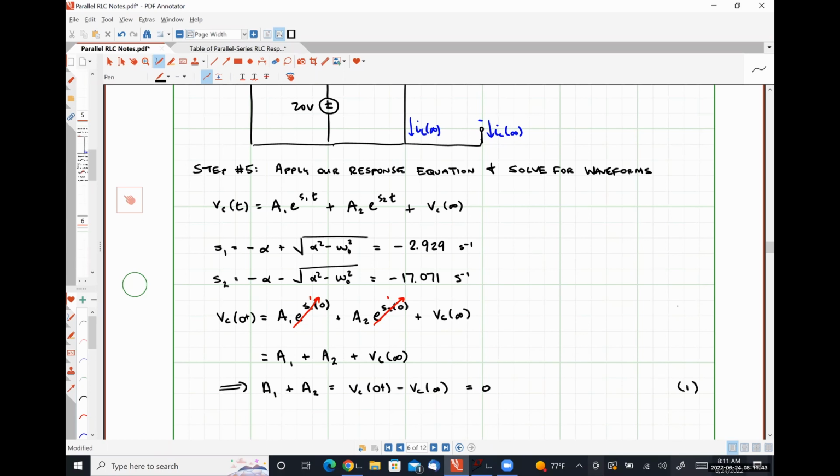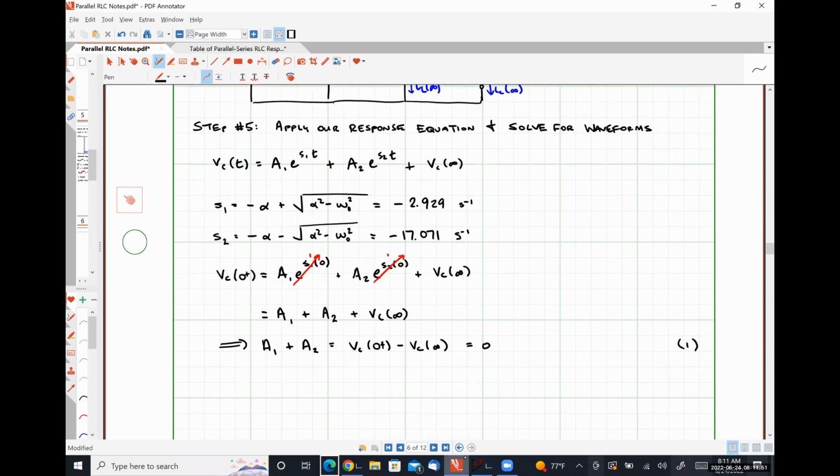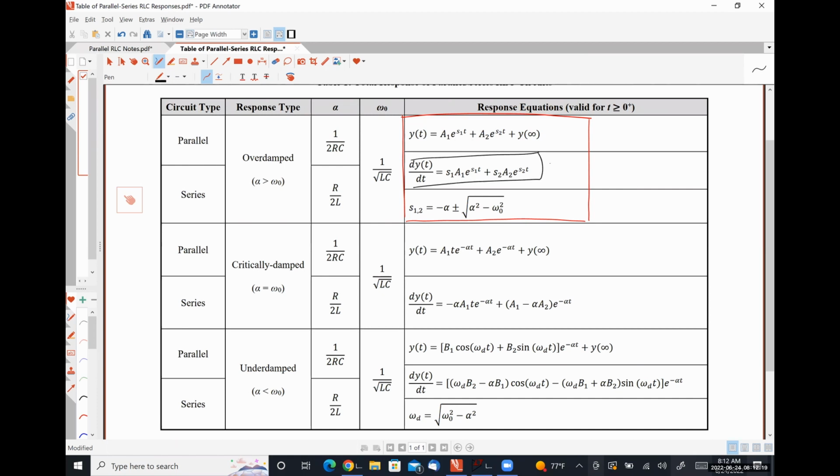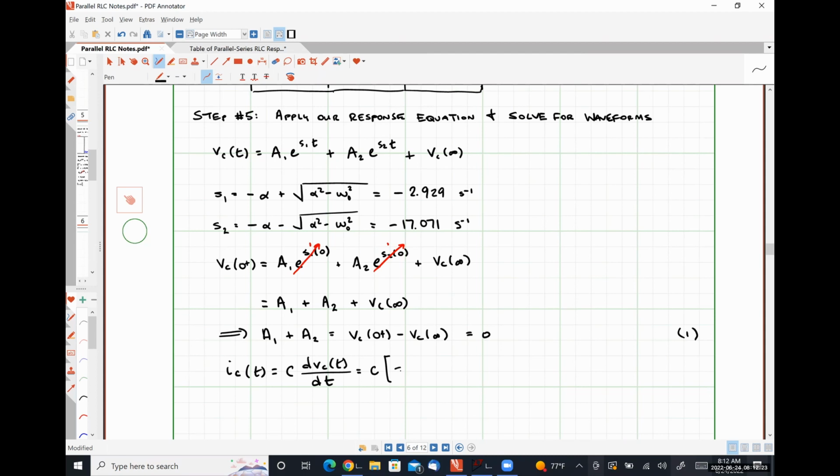Now we need to come up with a relationship that involves the derivative of V. So recall that our capacitor current, IC of t, is equal to C dV by dt, which will be equal to C times, let's look at our table, so we're using this derivative relationship right here: S1 A1 e to the S1t plus S2 A2 e to the S2t.